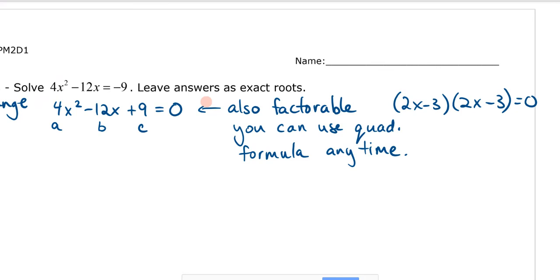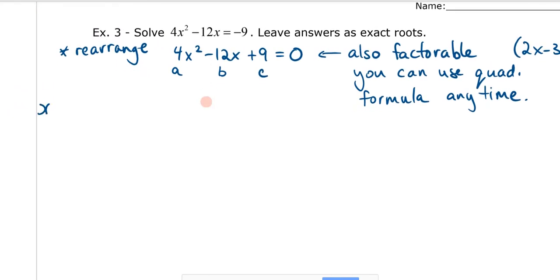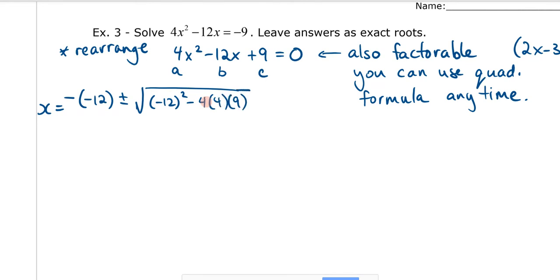Okay, so if I use the quadratic formula here, I would say x equals negative b, so negative of my b value, which is -12, so again, double negative, be careful, plus or minus the square root of -12 squared, which is my b squared, minus 4 times a is 4 again, and c is 9. Extend your square root sign.